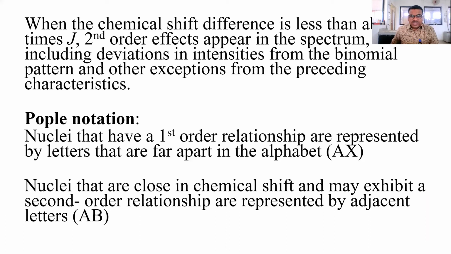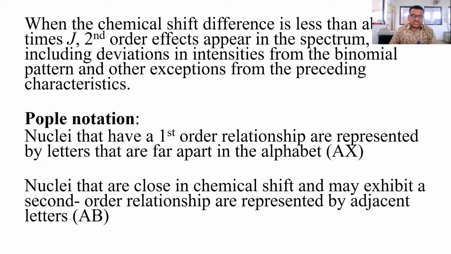If J is 100, then the chemical shift difference should be 1000, or when J is 10, the chemical shift difference is 100. If that difference is less than 10 times J, then it appears as a second order spectrum, including deviation in the intensity from the binomial pattern.